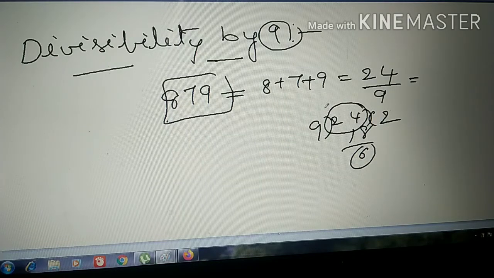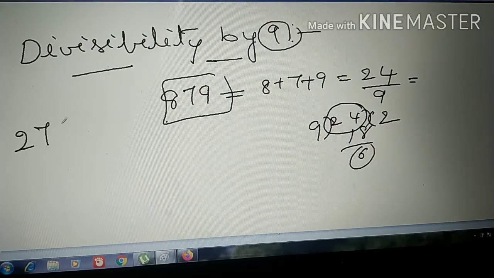See another example. I am taking a big number this time: 27171.